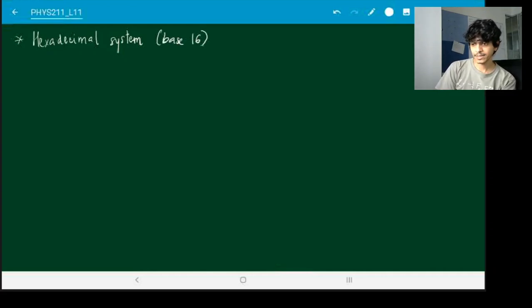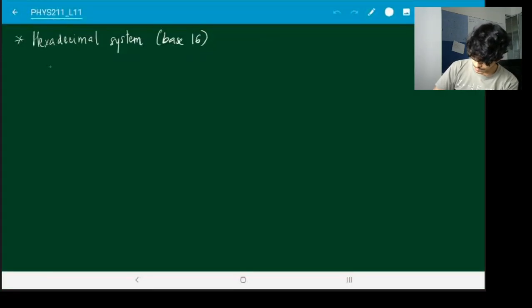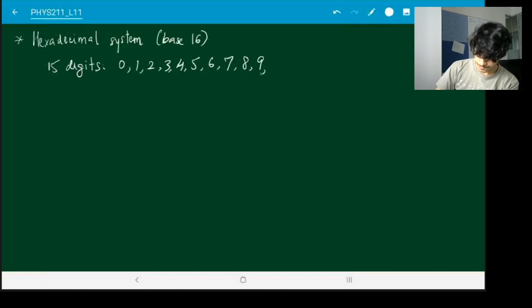As you have probably guessed, if you are working in base 16, you will need 16 digits. Just like when you're in base 10, you need 10 digits, from 0 to 9. So in base 16, you need 16 digits, from 0 to 15. So the digits that we use are 0, 1, 2, 3, 4, 5, 6, 7, 8, 9.